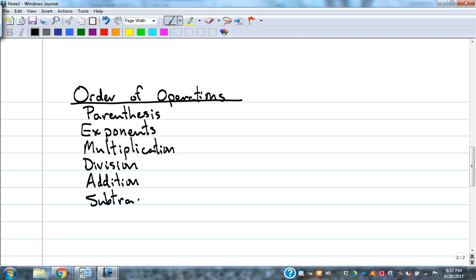Now, keep in mind as you're doing these, parentheses, exponents, multiplication, division, addition, subtraction, in what order, if there's more than one of any of them? First one, left to right. So don't forget left to right, if there are multiple things happening.